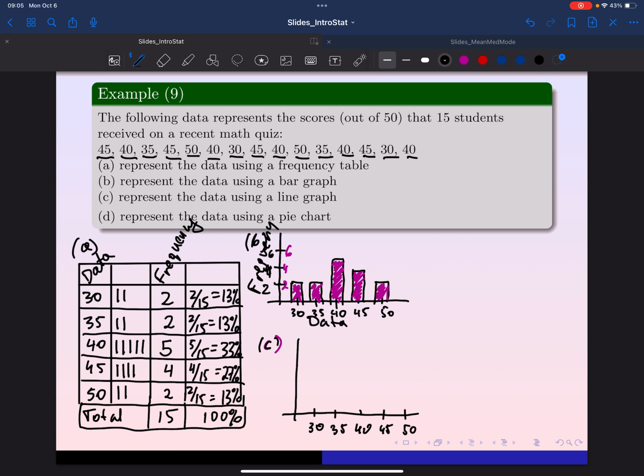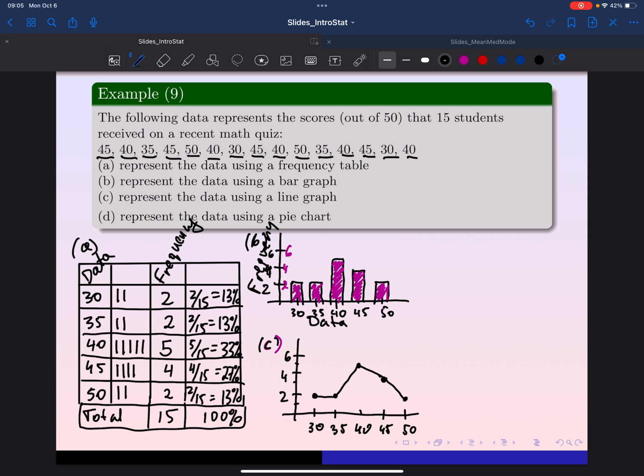Here we have 2, 4, and 6, and between is 1 and this one. So 30 shows up twice, 35 shows up twice, 40 is 5, so mark the 5, 45 is 4, so we mark it at 4, and 50 is 2. And we connect using the line, and that's called the line graph.